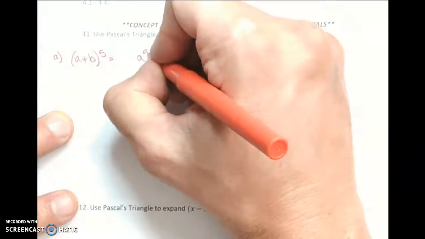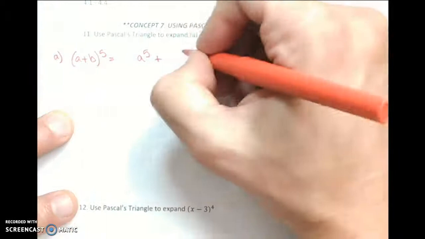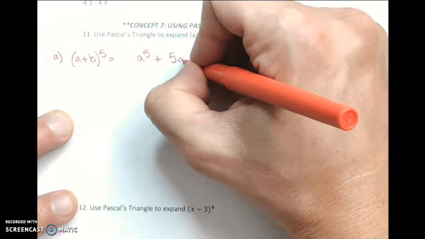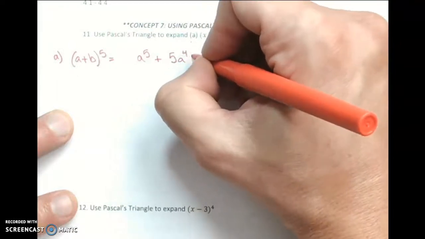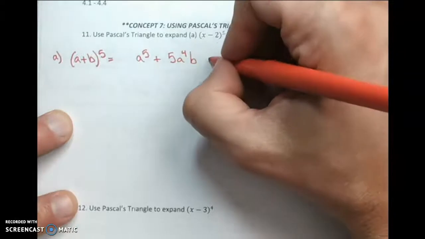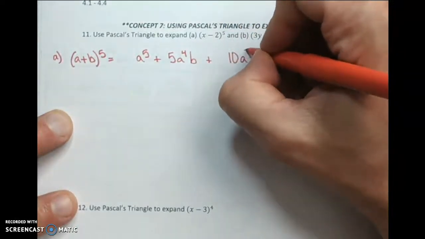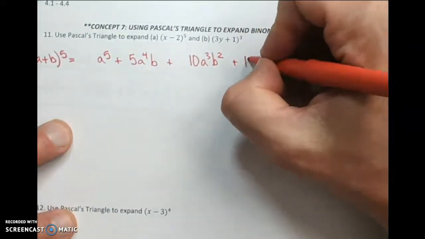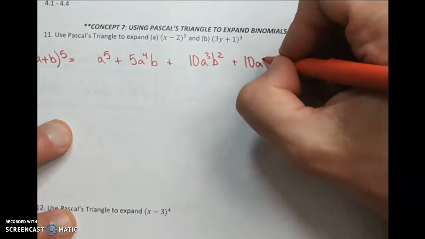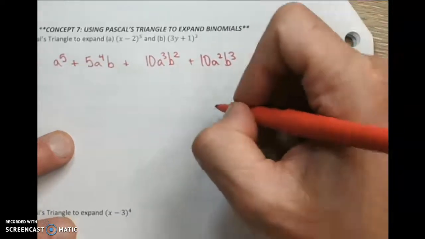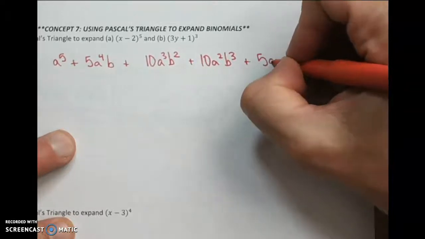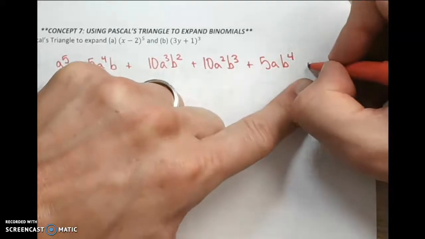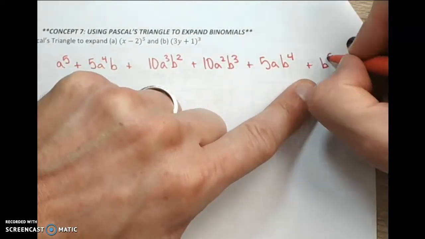So it's going to be A to the 5th power, B to the 0 power, plus, and then it's going to go 5. It's going to go A to the 4th power, B to the 1st power, plus 10 A cubed B squared, plus 10 A squared B cubed, plus 5A B to the 4th power, and then plus 1B to the 5th power.